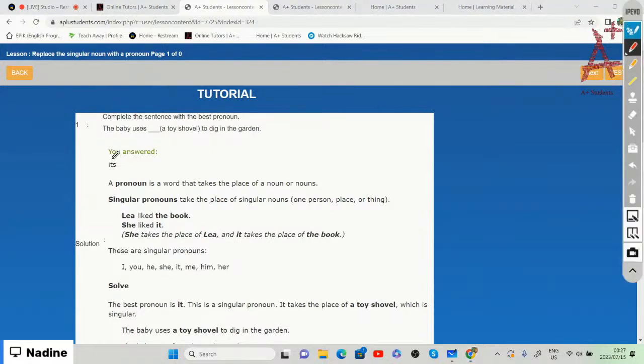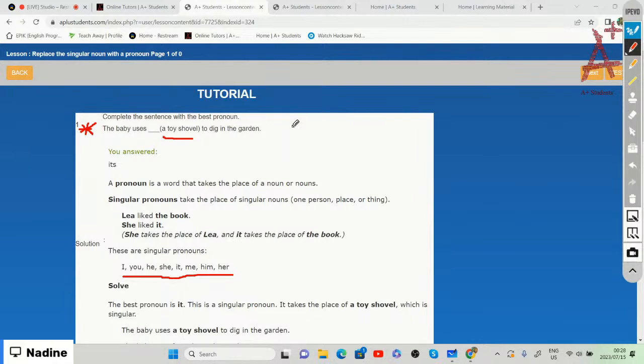All right, so if we now look at the first sentence, we need to complete the sentence with the best pronoun. Remember, the pronouns are I, you, he, she, it, me, him, or her. The baby uses a toy shovel to dig in the garden.